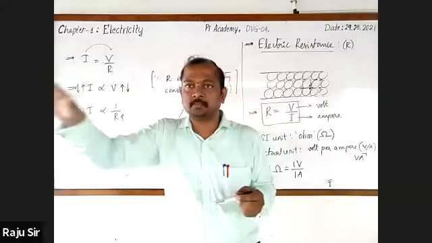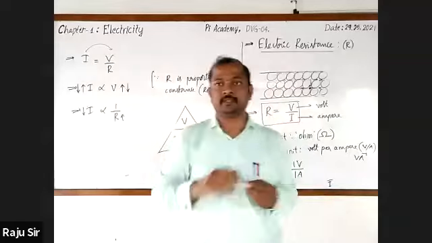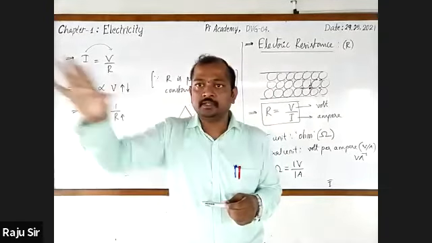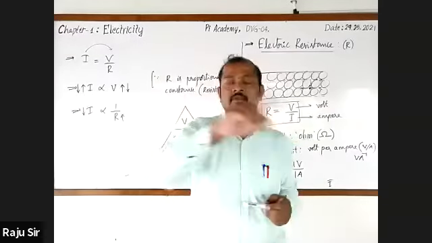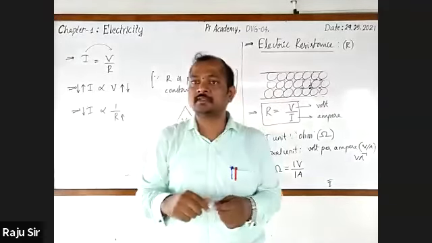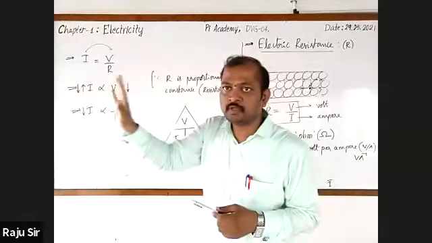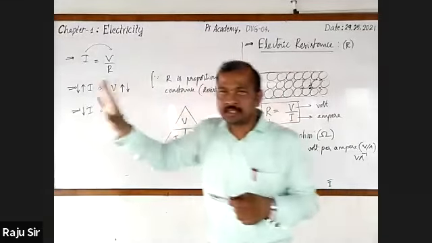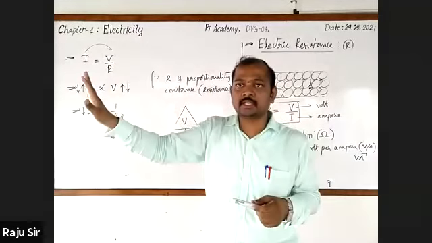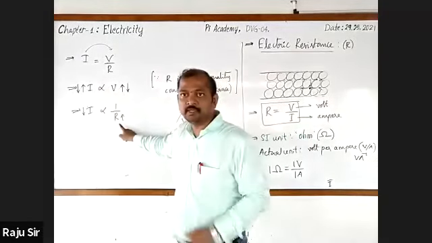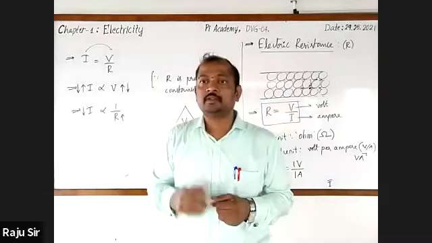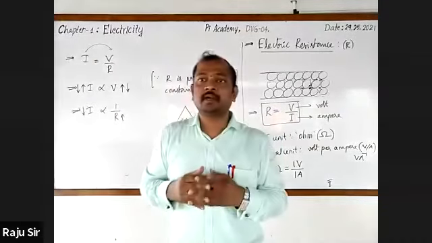Listen here. We all know that electric current is nothing but the flow of charge particles, whereas electric resistance is opposition to the flow of charge particles. If this opposition increases, that is, if electrical resistance increases, then what will be the electric current?